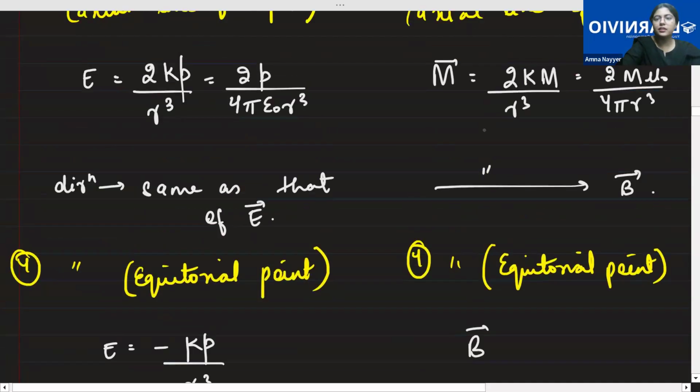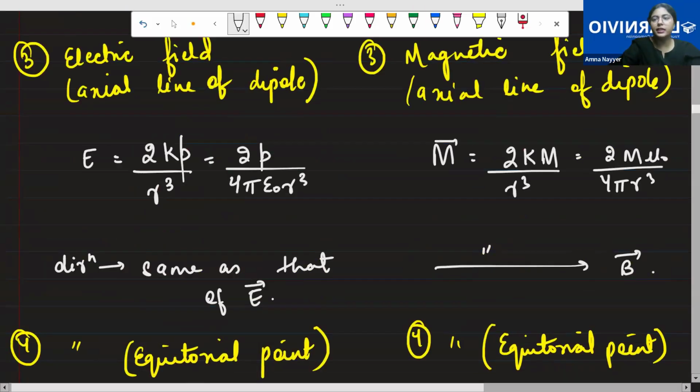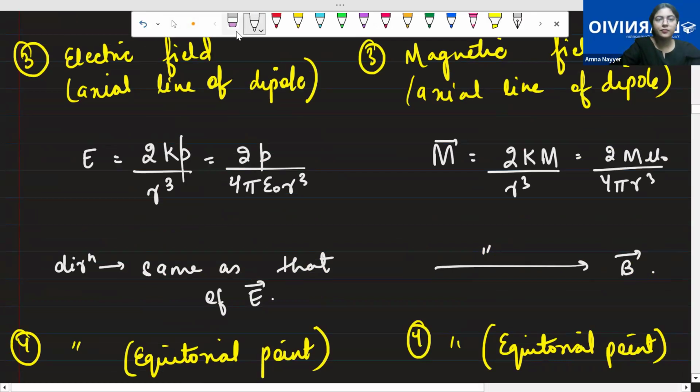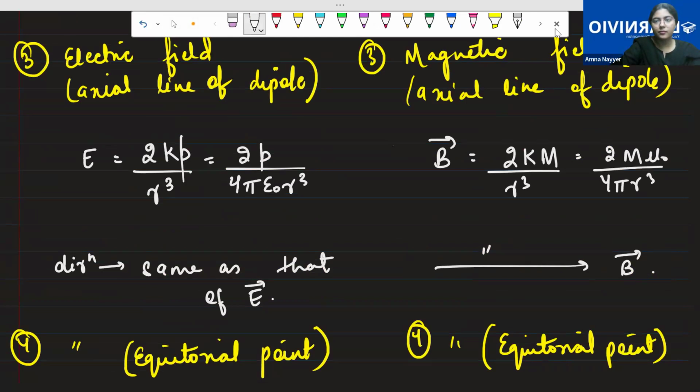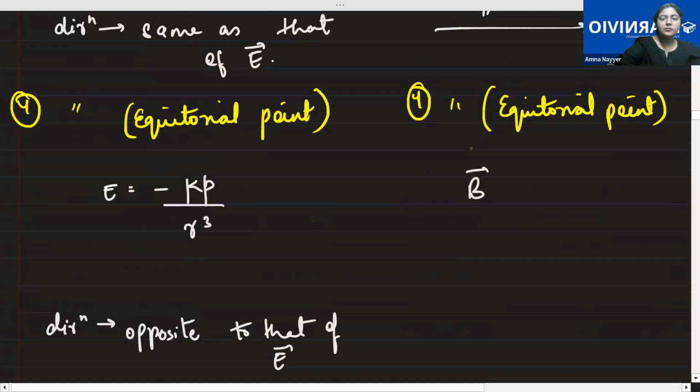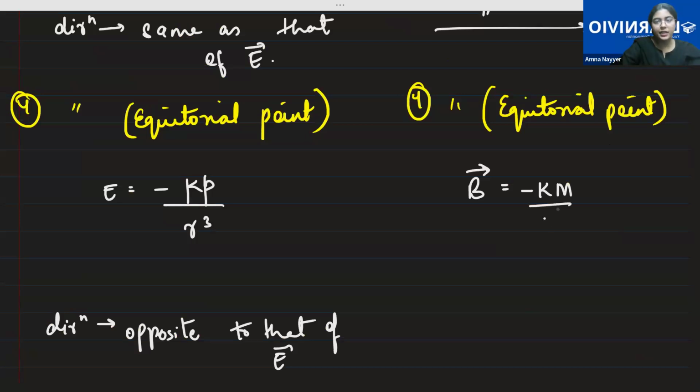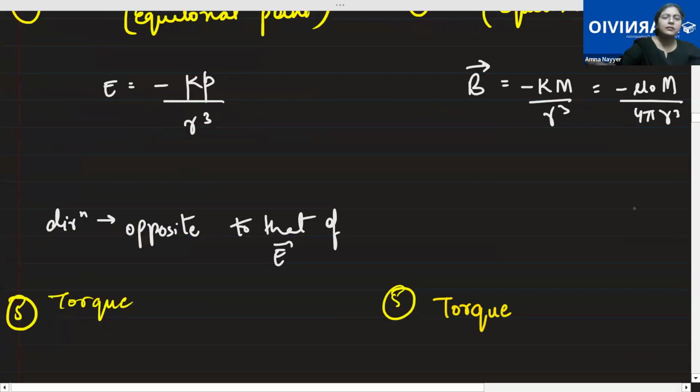There is a magnetic field, minus K by r cube. Now K is mu naught m by 4 pi r cube. Just remember the electrostatics part and make the analogous here. Same thing, but with the magnetic field.